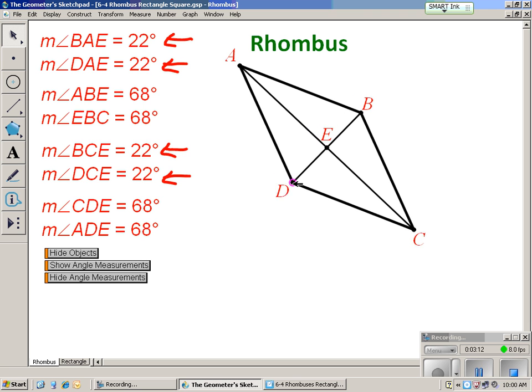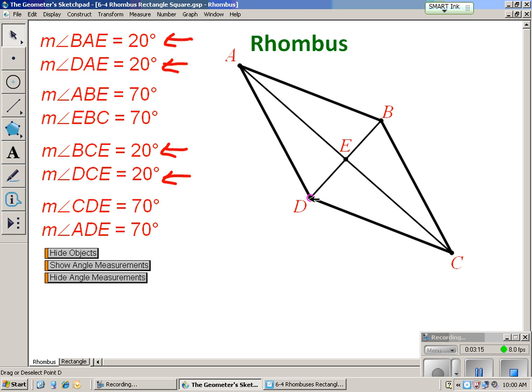Let me draw in where those angles are. Angle BAE is right here, and angle DAE is right here. What's happened is that this diagonal right here has bisected that angle. So angle A has been bisected by the diagonal.